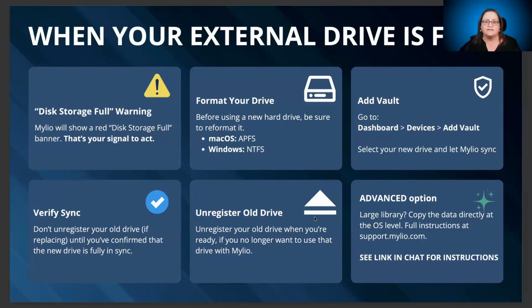The reason you might want to do that with a large library is doing it at the file system level is much faster. If you're using Mylio to synchronize from one drive to another, that takes more time because Mylio is having to do a lot of other routing through that software and service aspect that we talked about earlier.